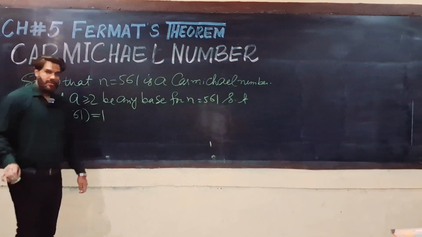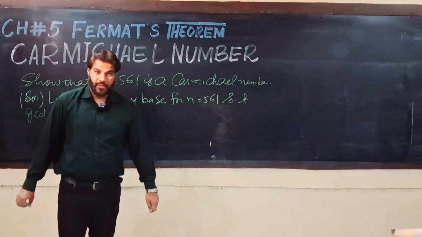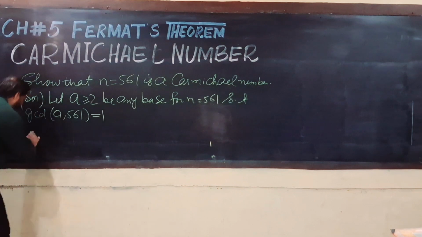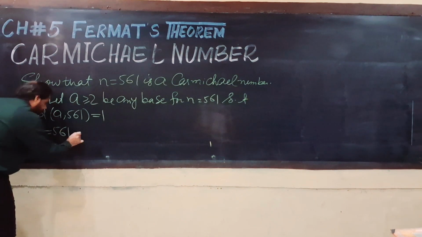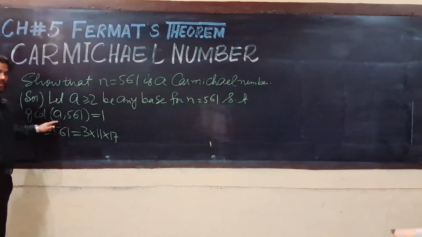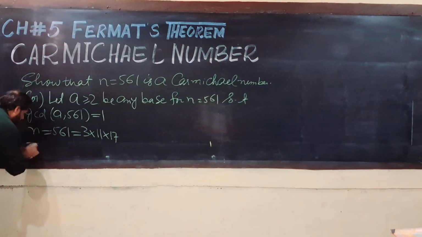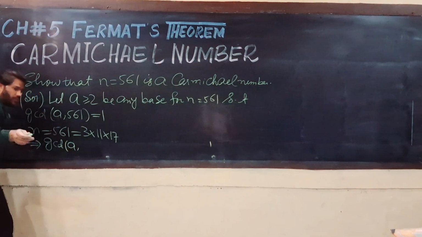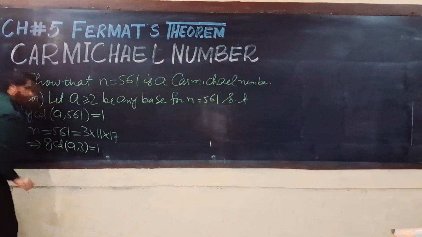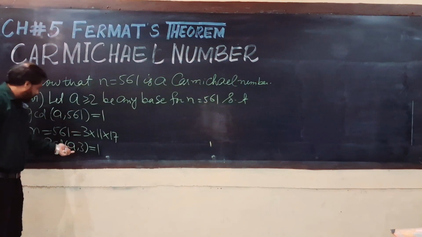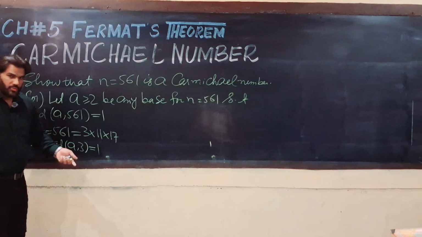Next, we have to make its prime factorization. The prime factorization of n equal to 561 is 3 times 11 times 17. So when you say 561 is relatively prime with a, it means the GCD of a with its first prime factor, that is 3, will also equal 1, because 3 is a factor of 561. That's why its GCD with a will also equal 1.